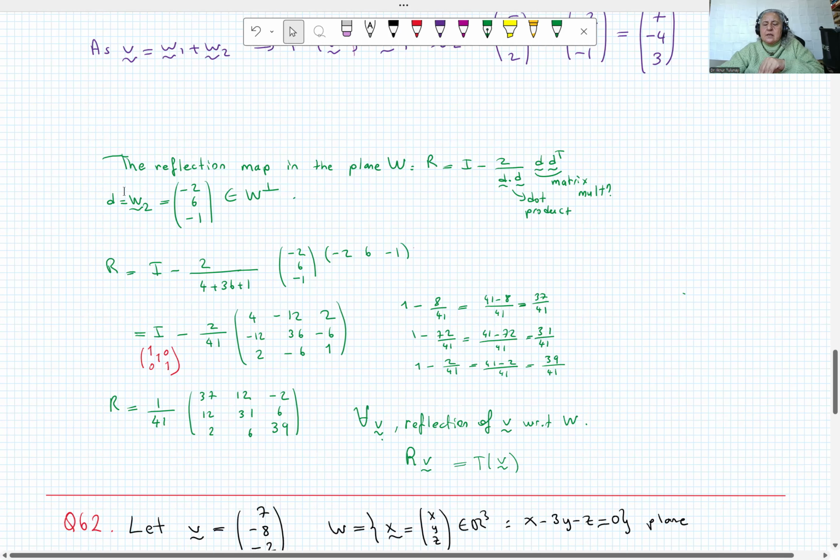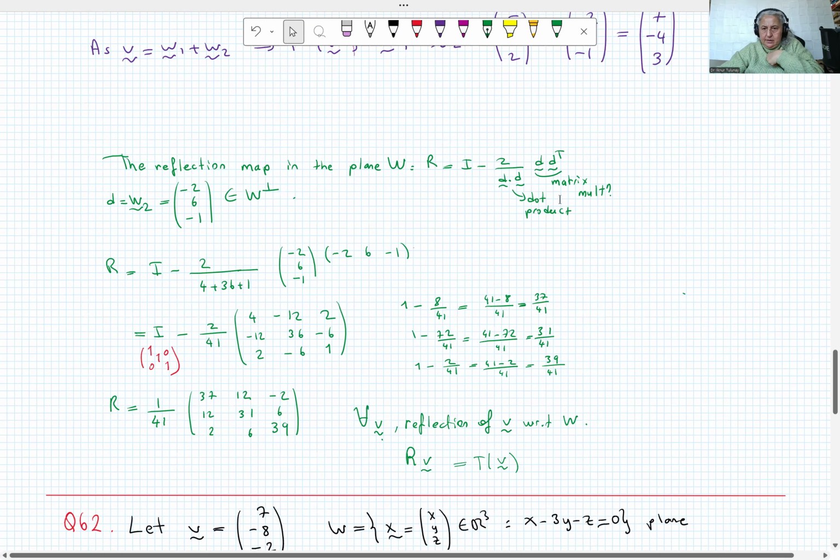And D is the vector, which is W2 that we talked about, (-2, 6, -1) in our example. Now, this is a dot product of this vector D. D is the shortest distance, that's what it represents. And this is D times D transpose, which is the matrix multiplication. Now, this is a formula for calculating the reflection.